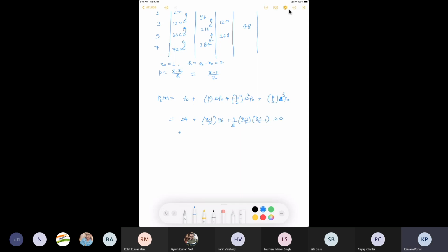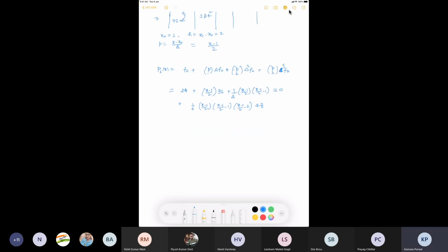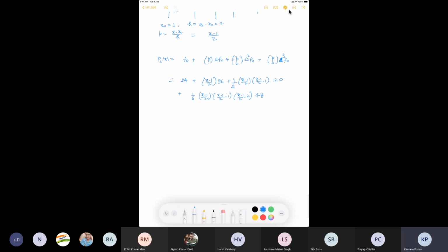And the last term is going to be 1 by 6 times P, (P minus 1), (P minus 2), into delta cube of f0, which is 48. If you simplify this, let me directly write it. We get x cube plus 6x square plus 11x plus 6.